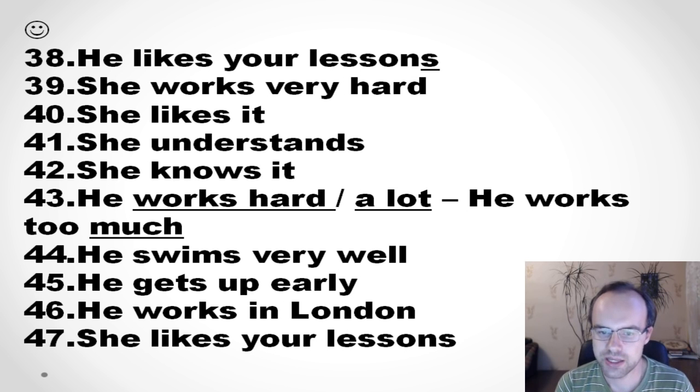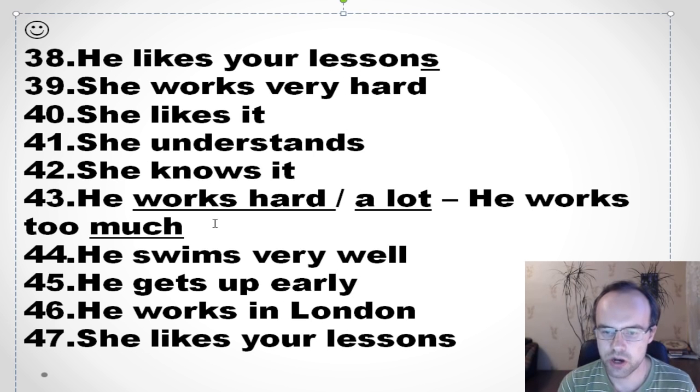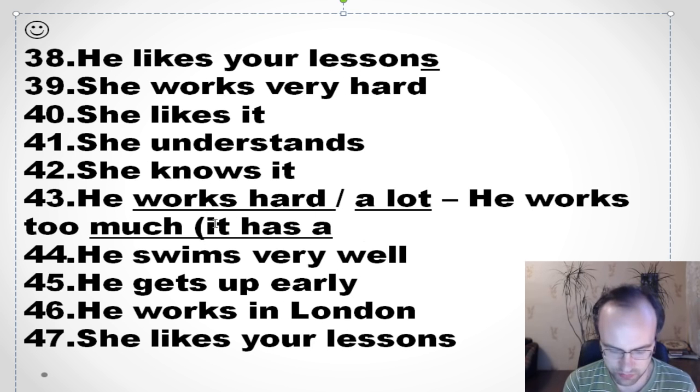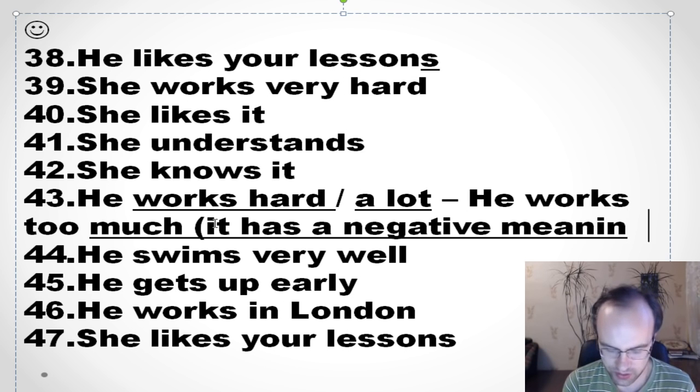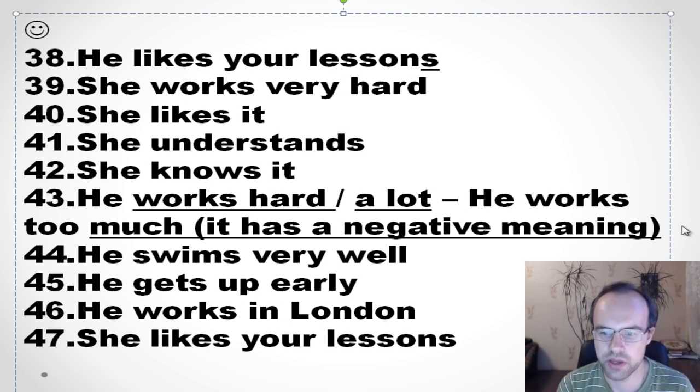She understands. She knows it. He works hard or he works a lot. He works too much. You can say he works too much, but you know it has a negative meaning. Too much.